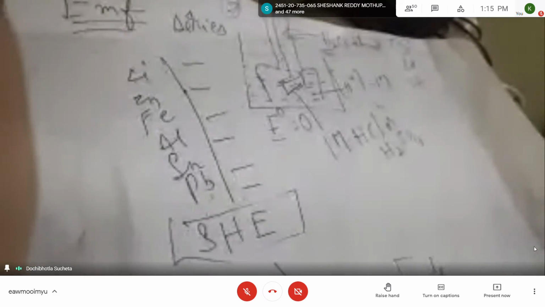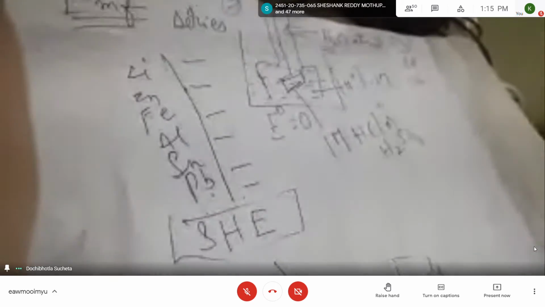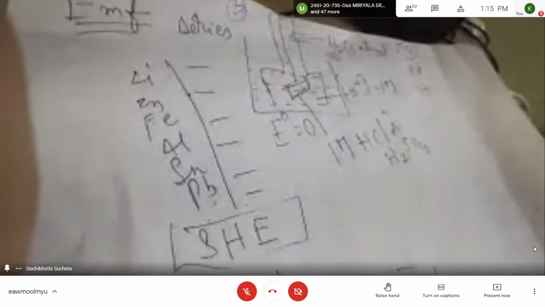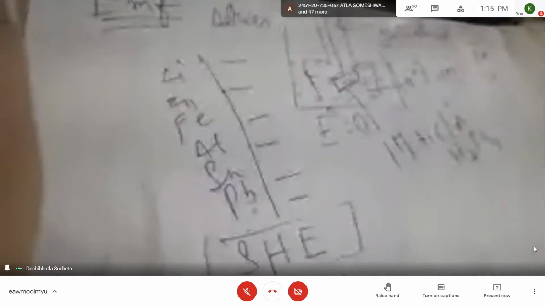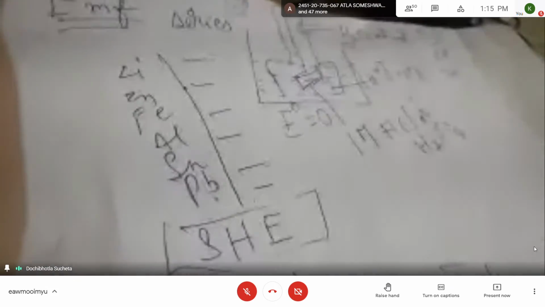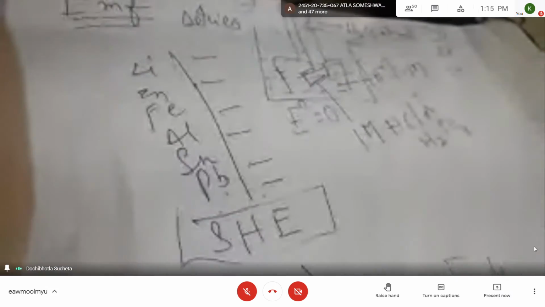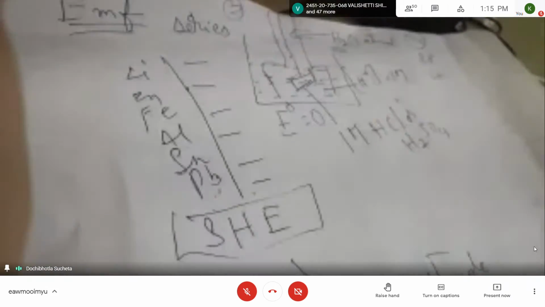In brackets, SRP values. SRP values. One of you was saying SRP value. What does that SRP value mean?